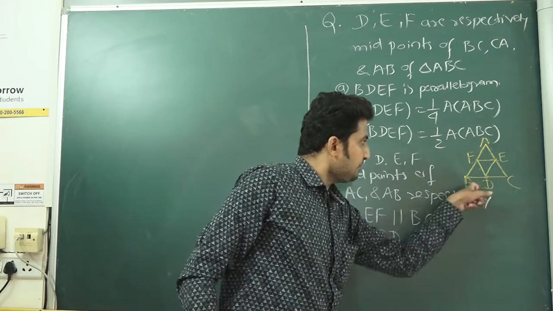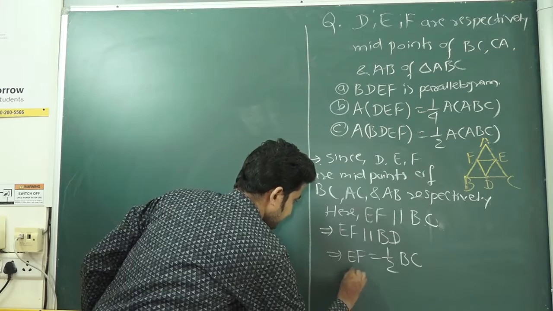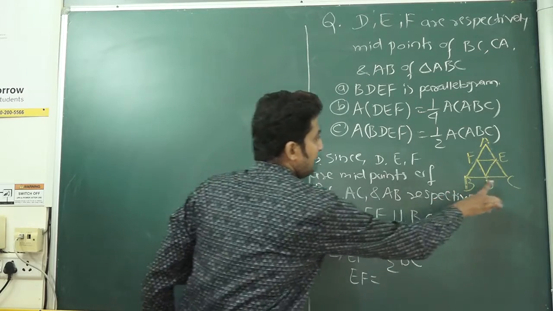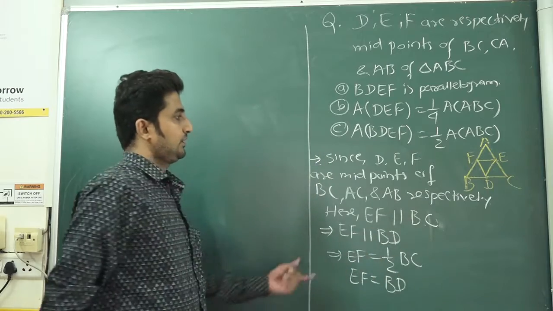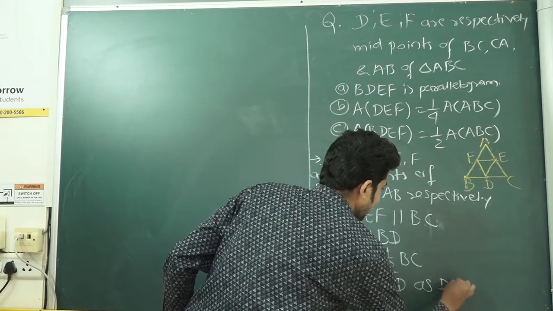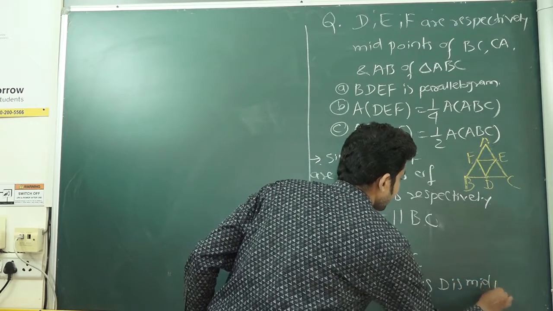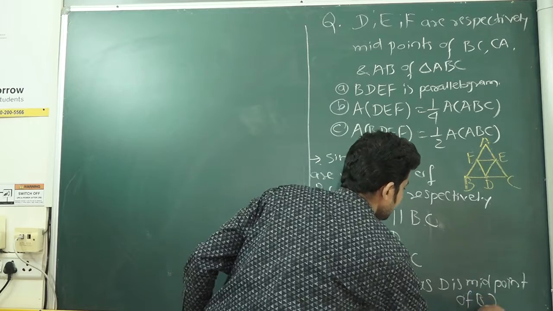Now, half of BC is equal to what? It is BD, right? As D is the midpoint of BC.